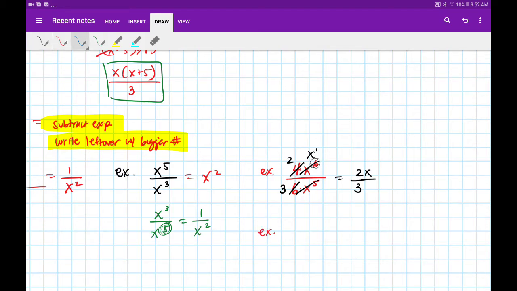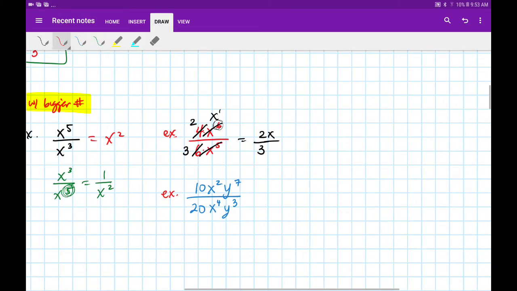Last example. Let's say I have 10x squared y to the 7th all over 20x to the 4th y to the 3rd power. Okay, so these are all factors. So all of these pieces can cancel.